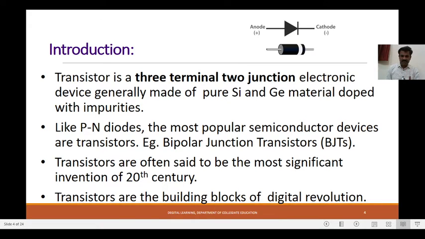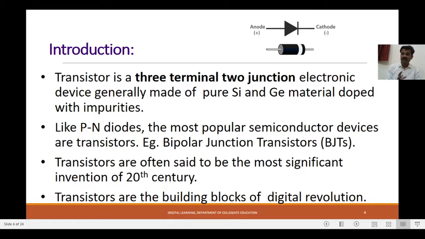It is generally made up of a pure silicon material which is doped with impurities. Now, what is doping? Doping is the introduction of impurities to a pure silicon material for the purpose of modulating optical, electrical or other structural properties.